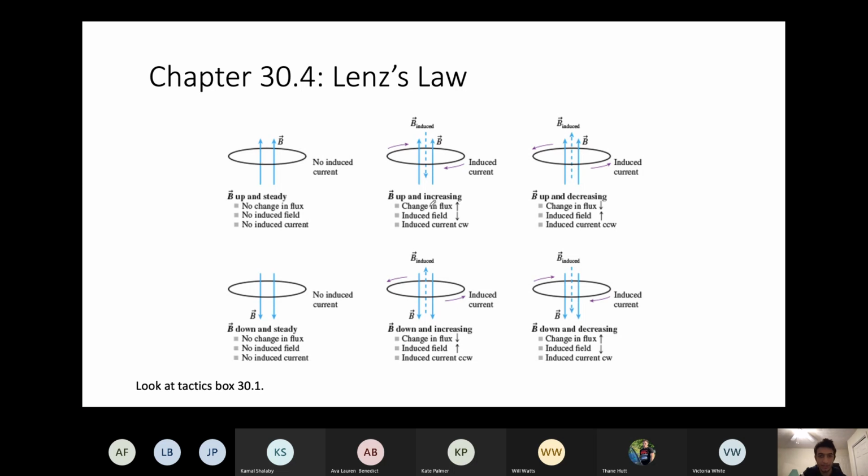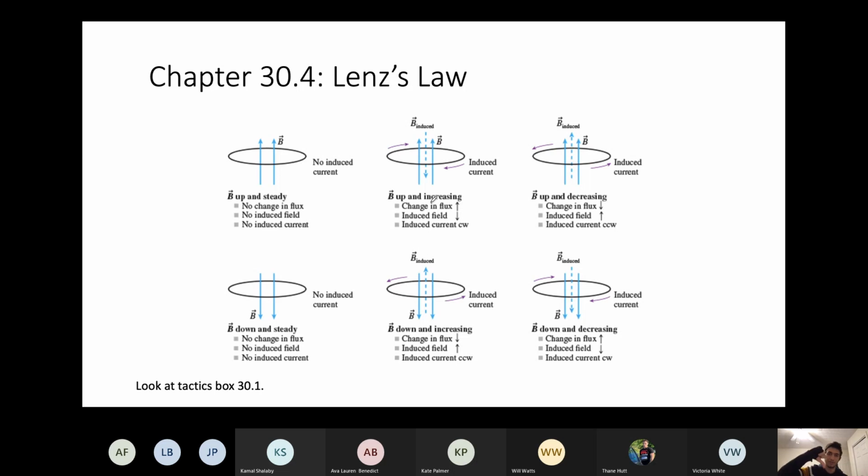But if the magnetic field starts to increase, the system doesn't like that. The system doesn't like change. It wants to be in its original state. So what it will do is create a magnetic field in the opposite direction. If the magnetic field is increasing up, then it will make a magnetic field point down just to cancel that change.